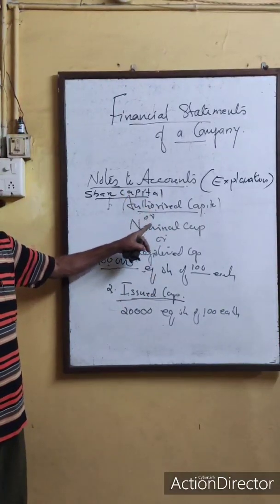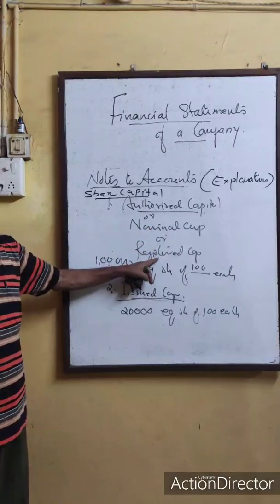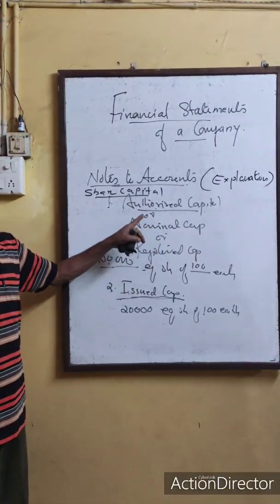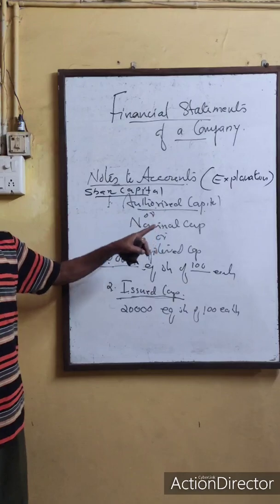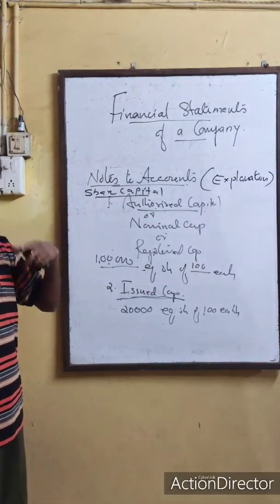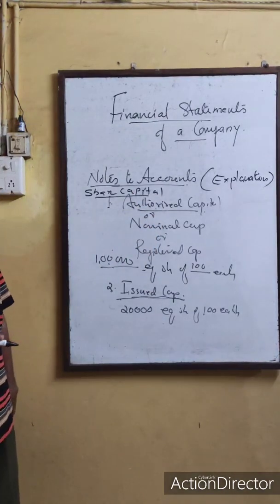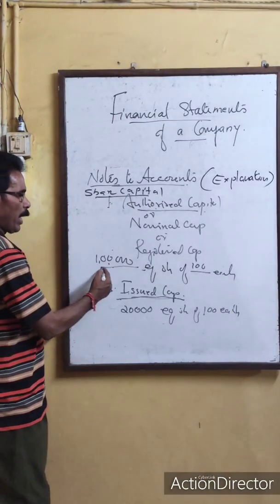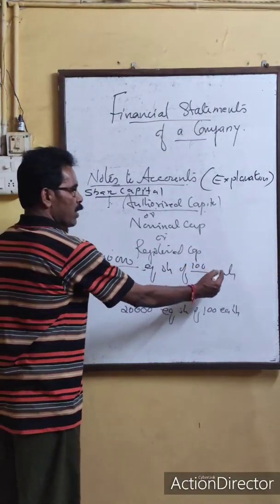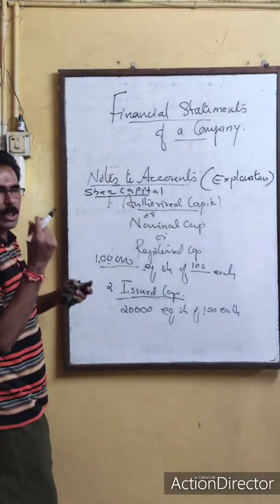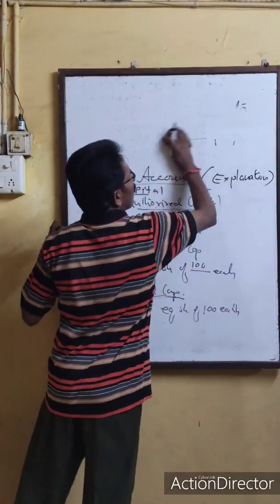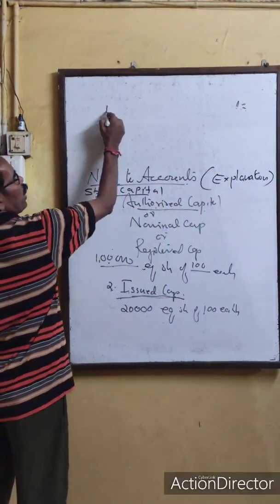Authorized capital, nominal capital, registered capital means the capital with which the company is registered. I told you in the previous chapter. And that is shown by the number of equity shares and its face value. For further explanation, suppose the company is in need of 10 crore rupees.